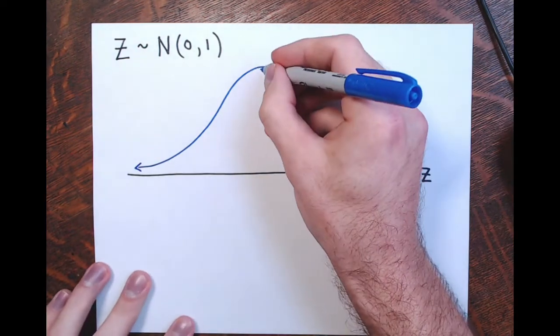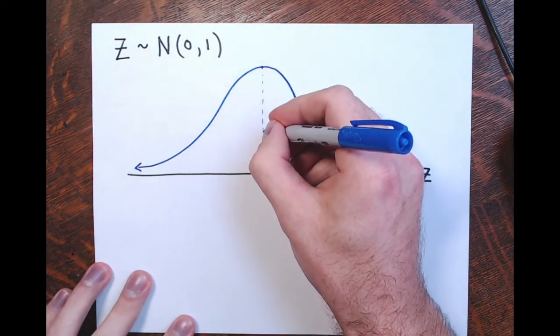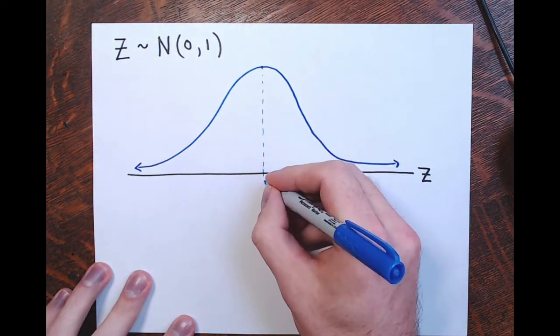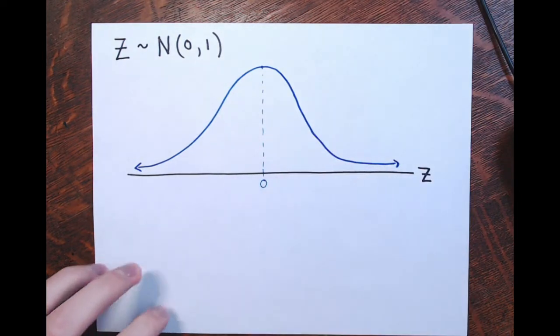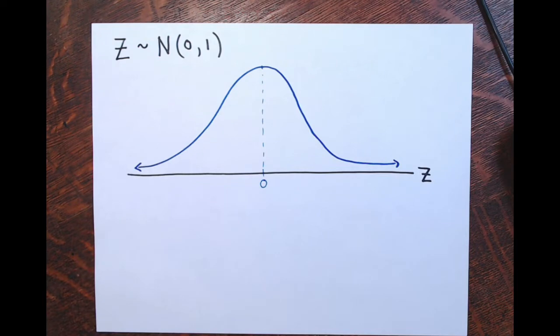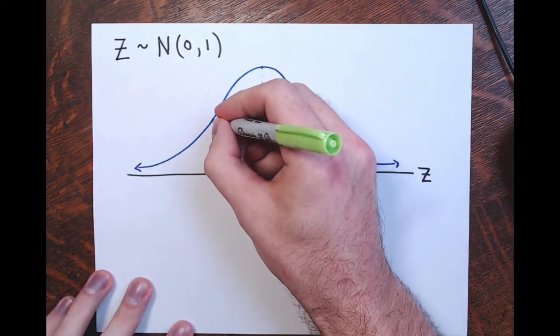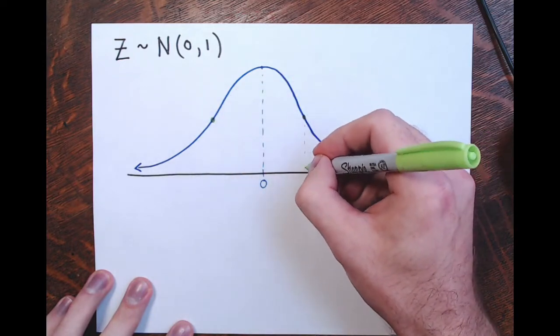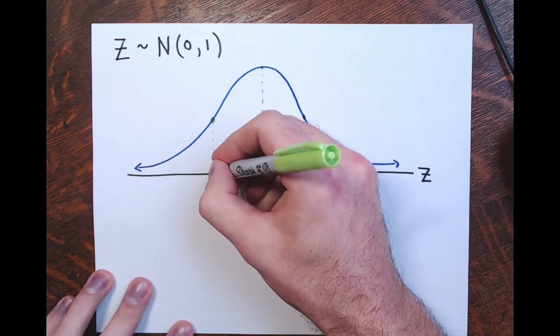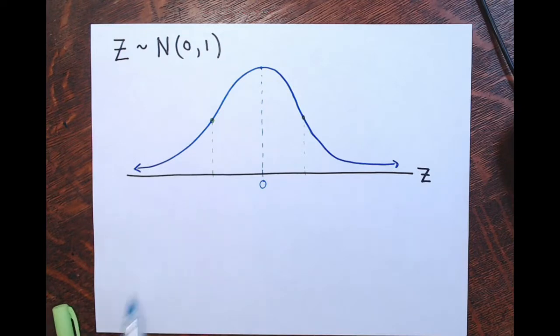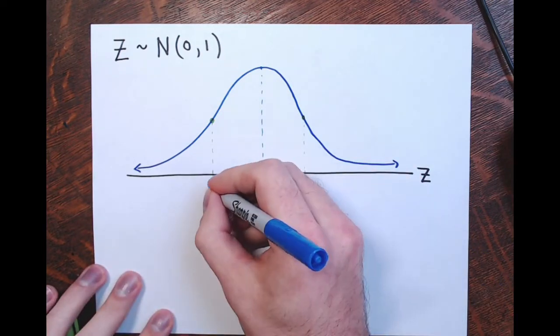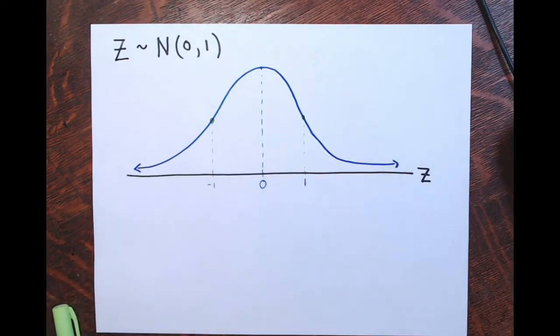Underneath the peak is 0, the mean. With a standard deviation of 1, underneath the inflection points are the values 1 and -1. You could mark off where 2 and 3 and -2 and -3 are, 2 and 3 standard deviations above and below.